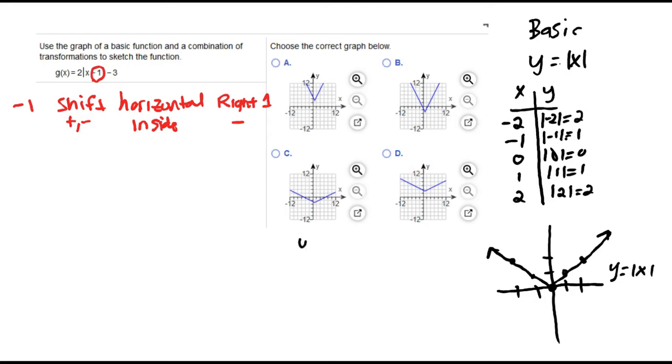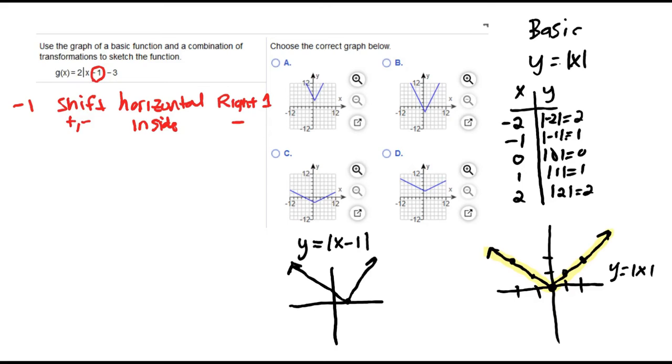If I were to do y equals absolute value of x minus 1, that's the only transformation, that -1, that will take all of the points on this graph and move them 1 unit to the right. It's still a V, but shifted to the right 1 unit.